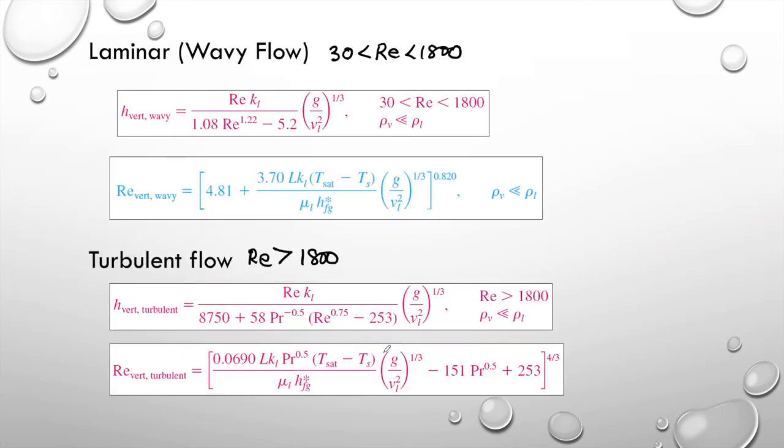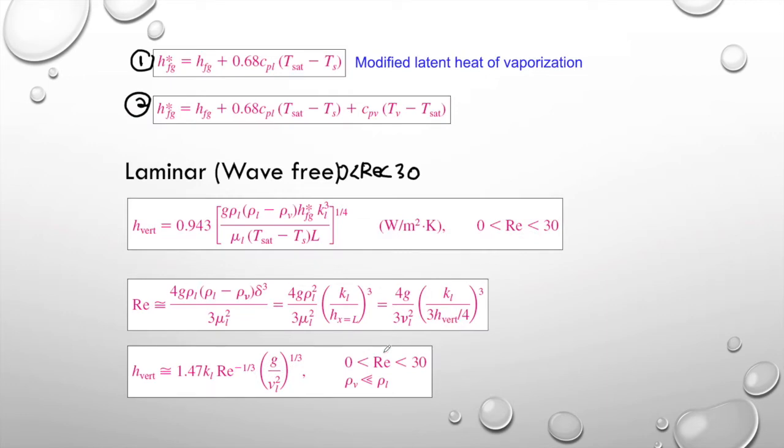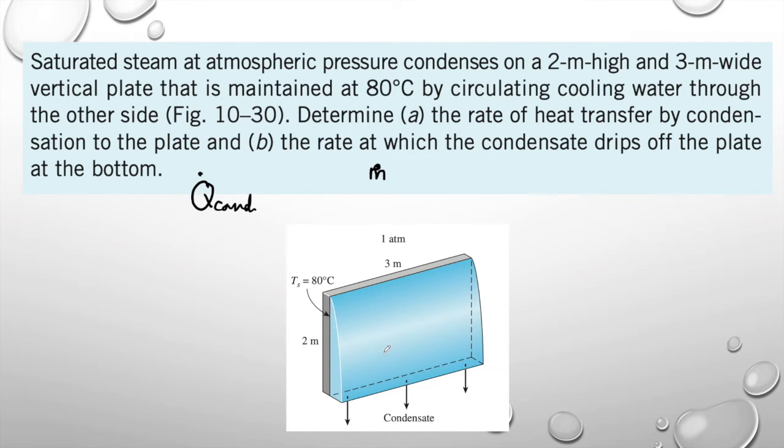So now, to determine the Q dot condensation, we know that we have to find h, As, and T saturation minus Ts, equal to m dot h star fg.